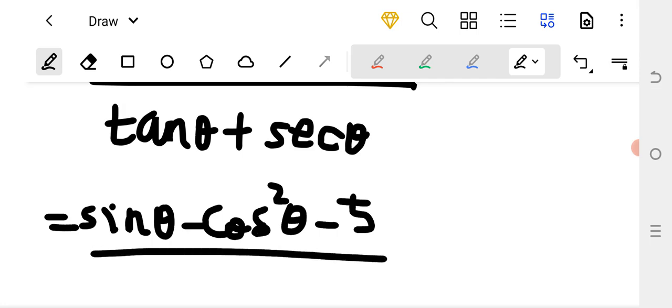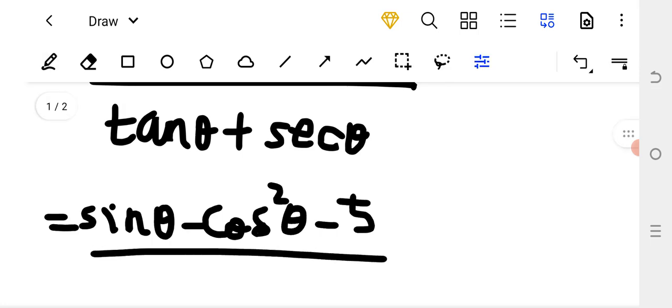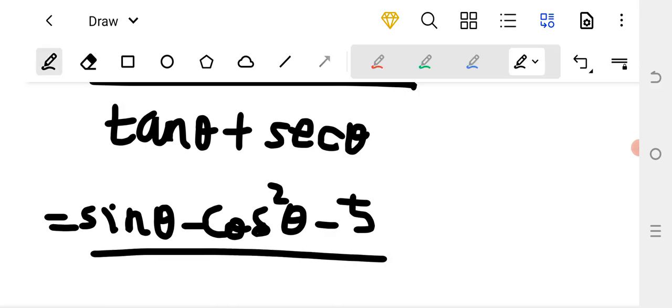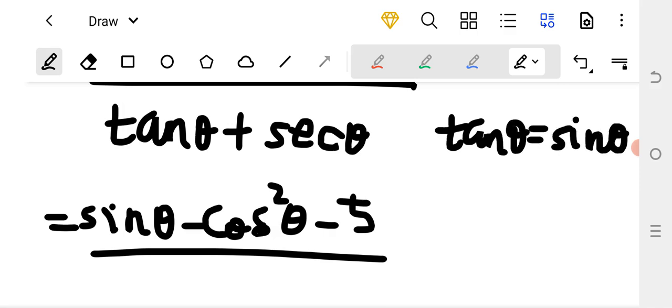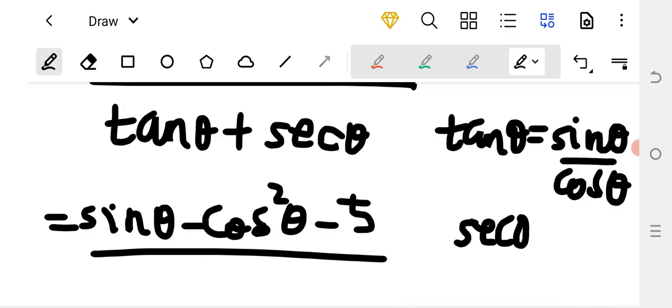You divide by, what is tan theta? You know that tan theta is equal to sine theta over cos theta, and sec theta is equal to 1 over cos theta.